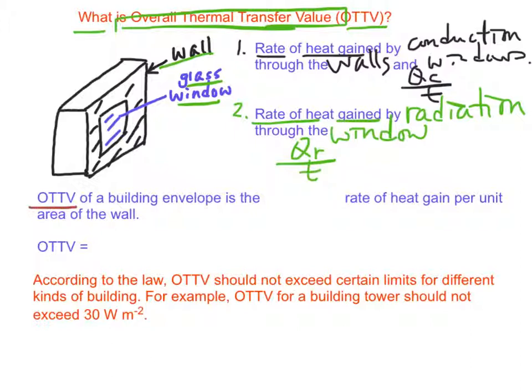OTTV of a building envelope is the average rate of heat gain per unit area of the wall.